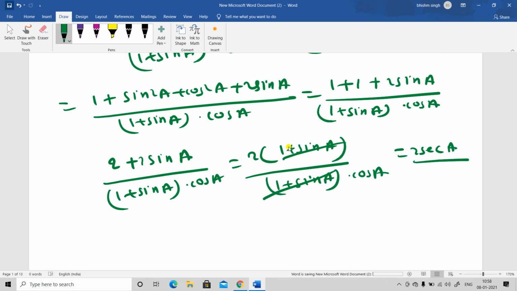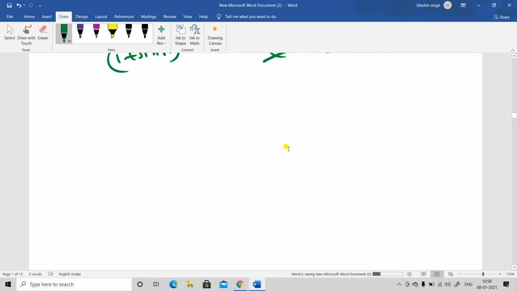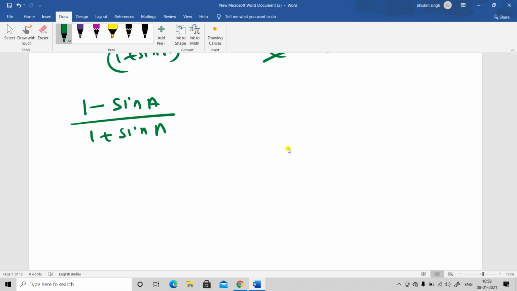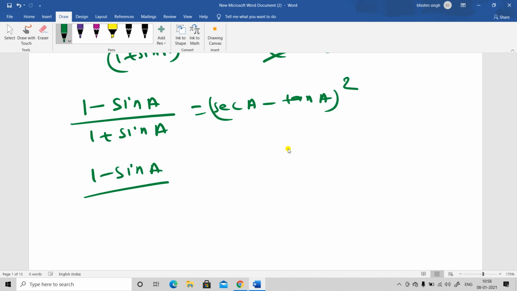Now the last question for today's session: (1 minus sin A) divided by (1 plus sin A) is equal to (sec A minus tan A) whole square. So I start with (1 minus sin A) divided by (1 plus sin A), and multiply by (1 minus sin A) over (1 minus sin A).